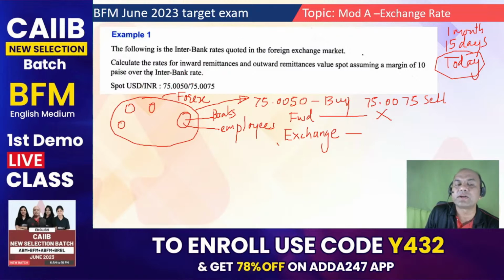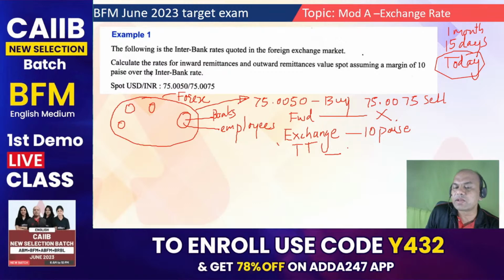What is the exchange given? 10 paise over the interbank rate. Now see here, it's not given in percentages. It's directly given in paise. So how do I deal with this exchange margin? Remember one basic rule. This is also called the TT margin. Either they call it TT or exchange, both are the same. So what do we do in TT margins?